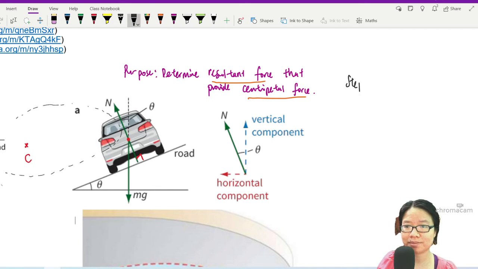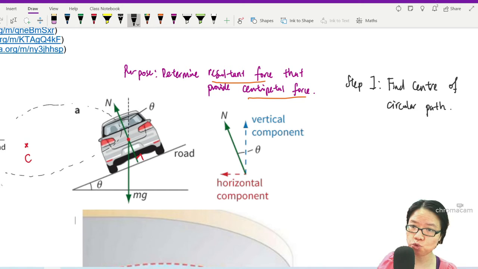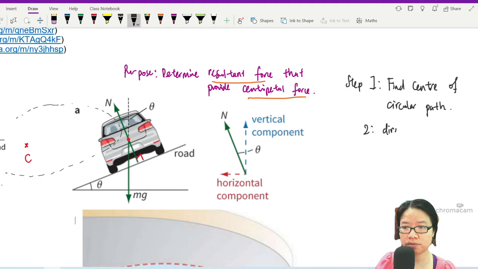Step 1. Determine the center of the circular path. Step 2. The direction of FC is directed to this center.